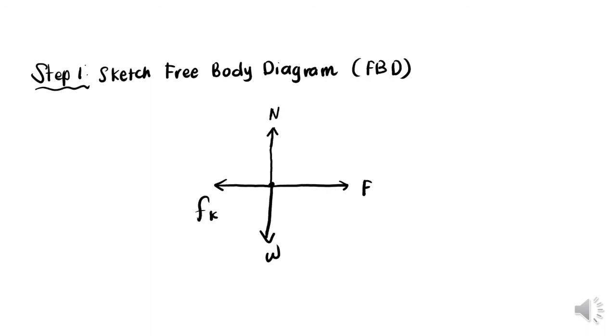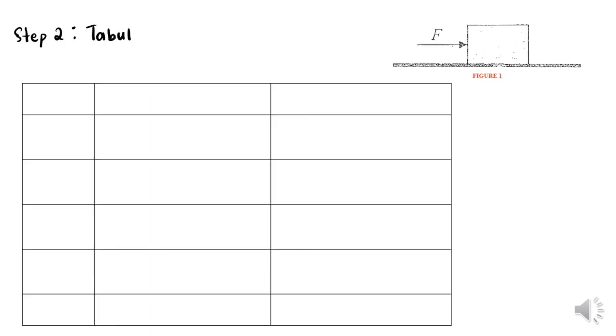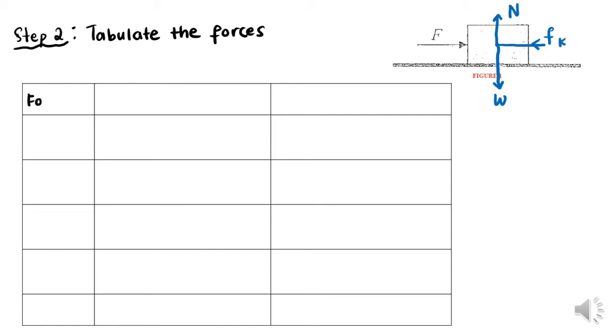So let's start by tabulating all the forces that we have. By referring to the free body diagram that we just sketched, we need to list down all the forces with their x and y components, so that we can check whether each force has x and y components or not.